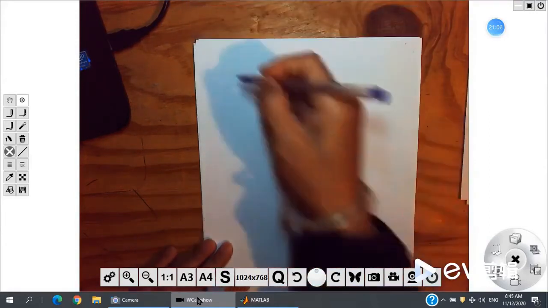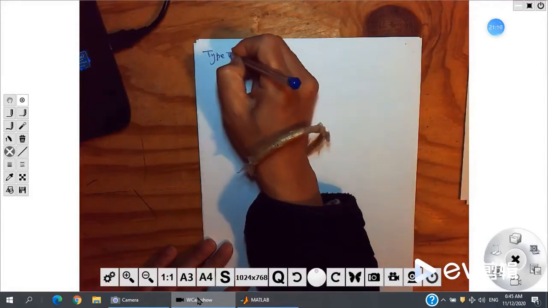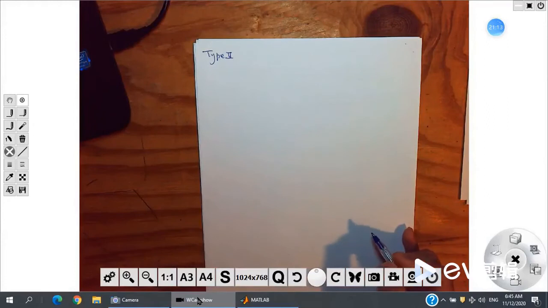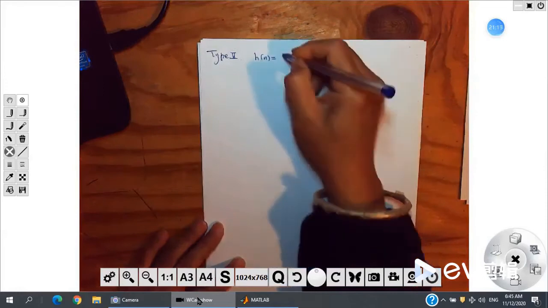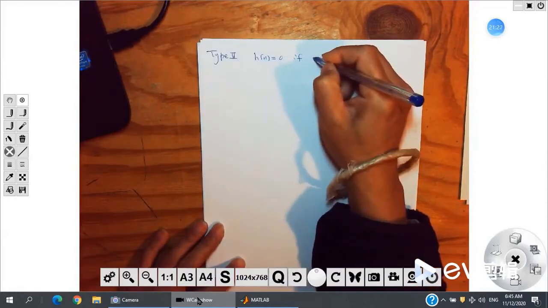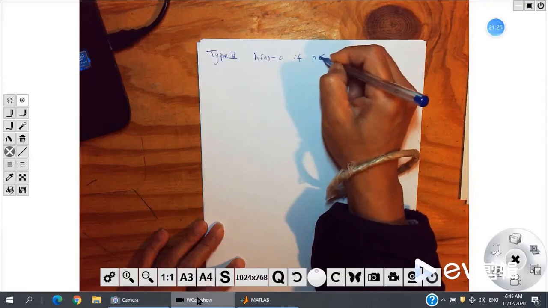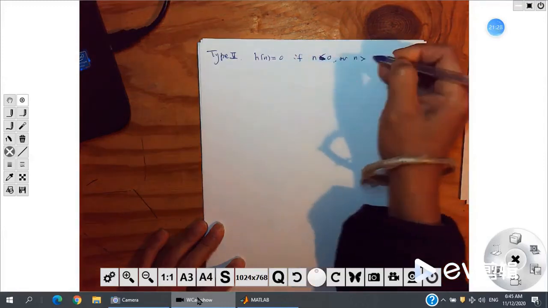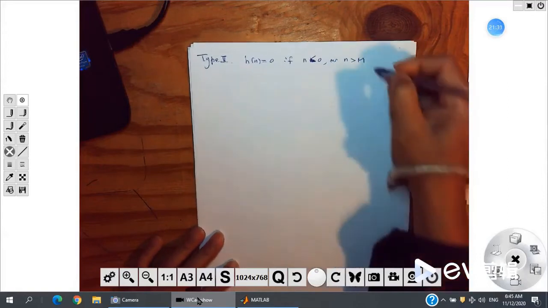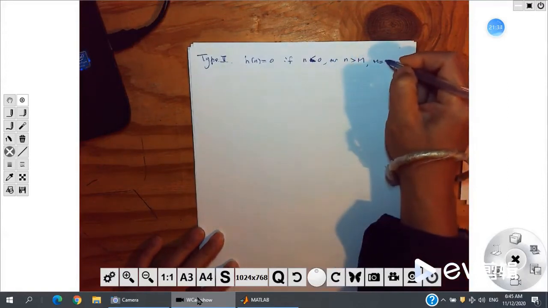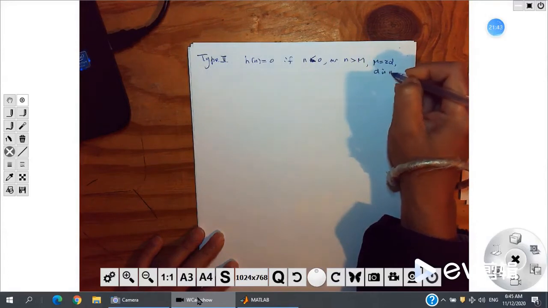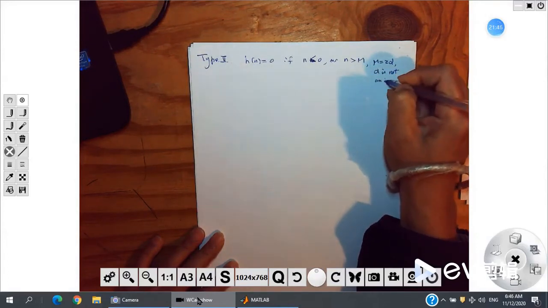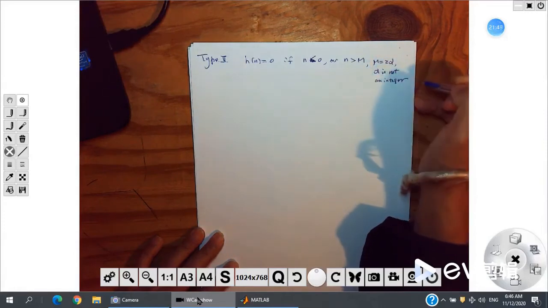Then we have type 2. Type 2 is somehow similar. We still have h of n equal to 0 if n is smaller than 0 or n is larger than some m, equal to 2 alpha, but alpha is not an integer.